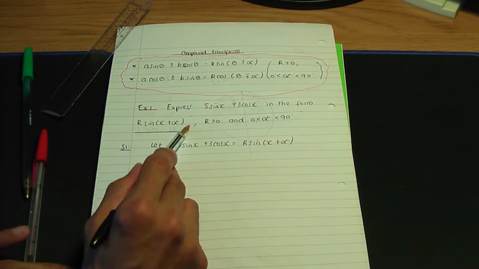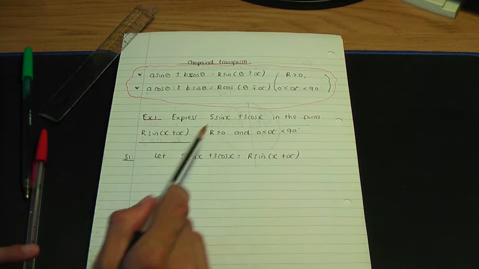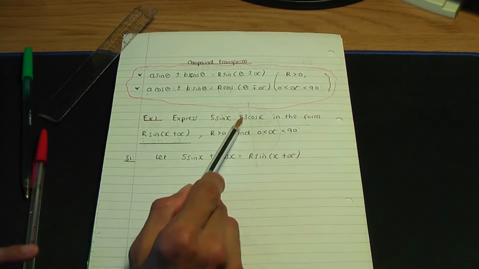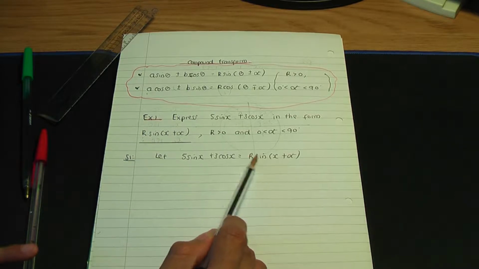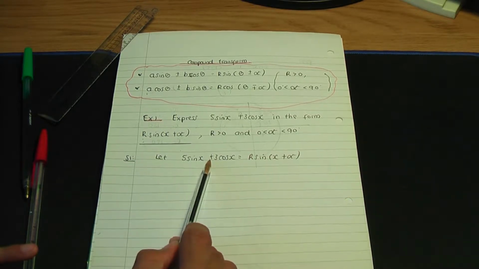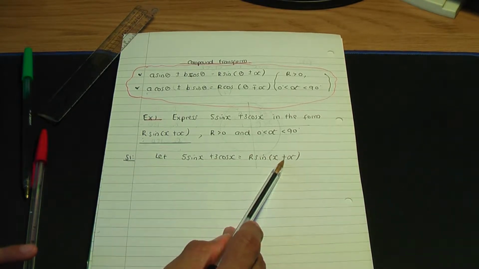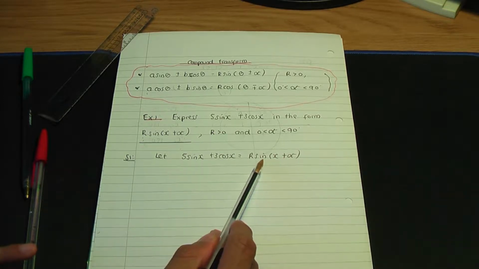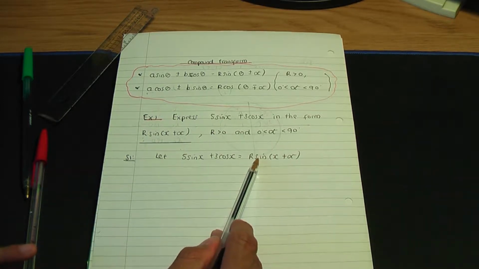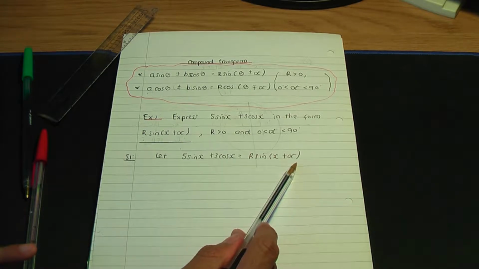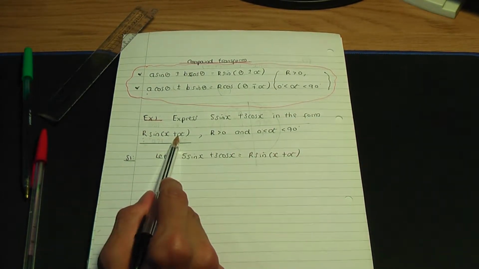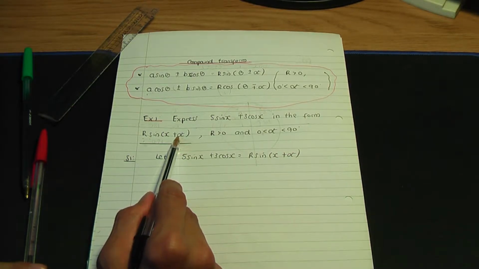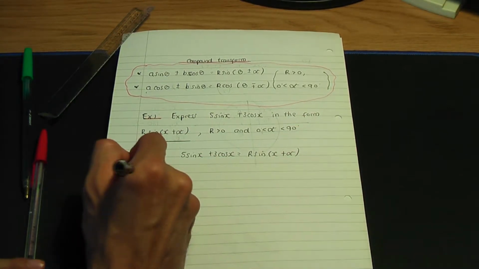If it's not given, remember my tip: if it starts with a sine and there's a plus in the middle, the corresponding form will be an r sine, and the plus relates to a plus over here according to the compound angle identity sine a plus b. Okay, just in case you haven't been given the appropriate form. So that is step number 1.